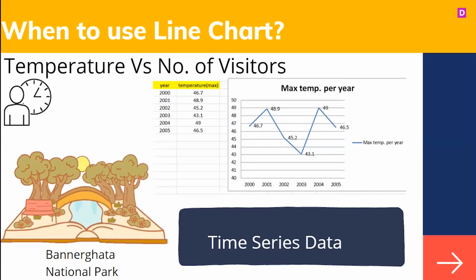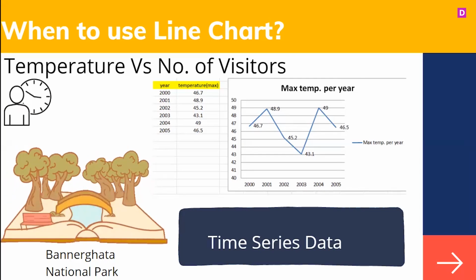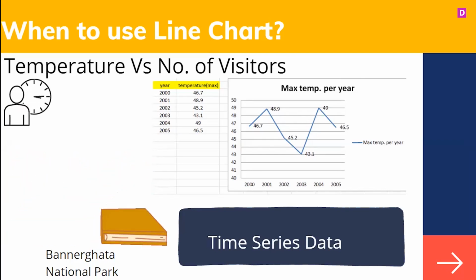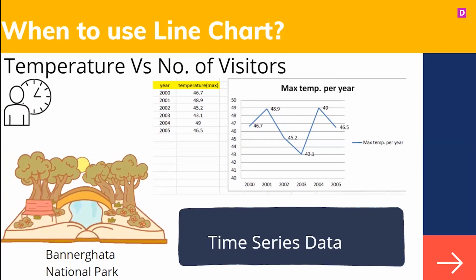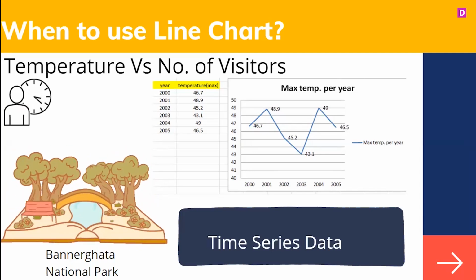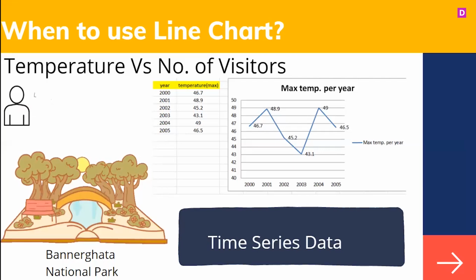The point I wanted to say here is that the scenario which I have given you will create data which is continuous in nature, and this is what you call time series data. So there is always a time association with respect to the data.